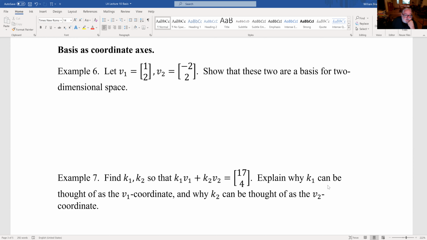We've shown before, and we know geometrically, that these two are linearly independent.